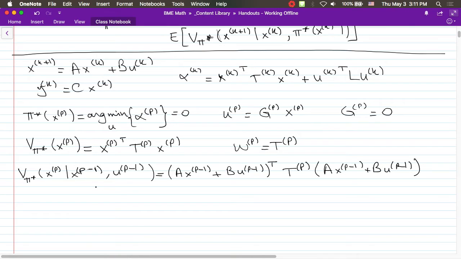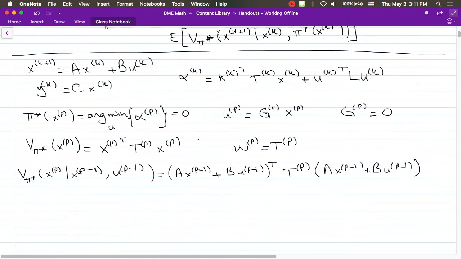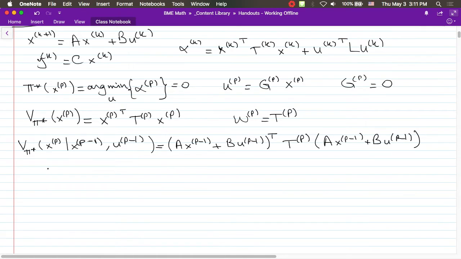Okay, so we're going to simplify this, add to it the cost per step, right? So the expected value of this function, since it's not a random variable, it's just itself, then we're going to add this to it, and then find its derivative with respect to u. That's going to be my optimum behavior at time point p minus 1. So let's multiply this through.